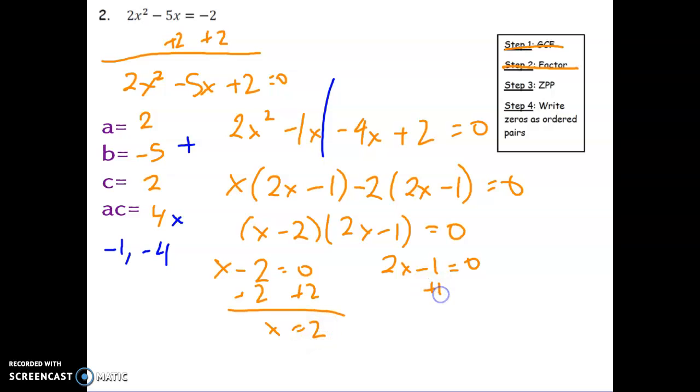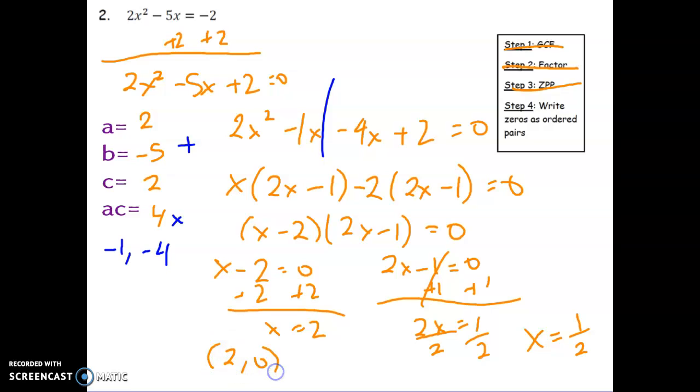And I'm going to add 1 to both sides on this one. So 2x equals 1. Dividing by 2, I get x equals 1/2. All right, I did the zero product property. And now I'm going to write these as ordered pairs. So 2, 0, right? Because remember my y value right there is a 0. And on this one, 1/2, 0.